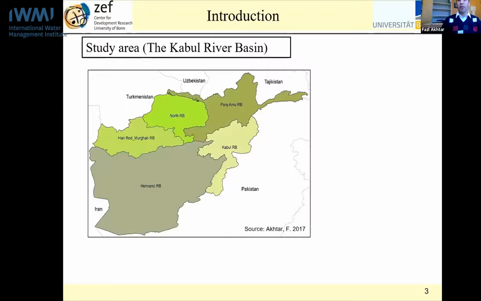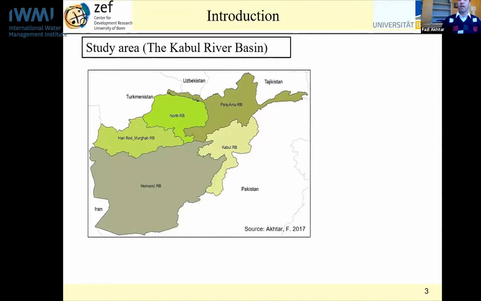Let me take you to the Kabul River Basin. Afghanistan in general is divided mainly into 5 river basins. It's the Panjshir-Amu River Basin, shared with Tajikistan and Uzbekistan. Then comes the Northern River Basin, Harirud-Murghab, Helmand River Basin, and Kabul River Basin.